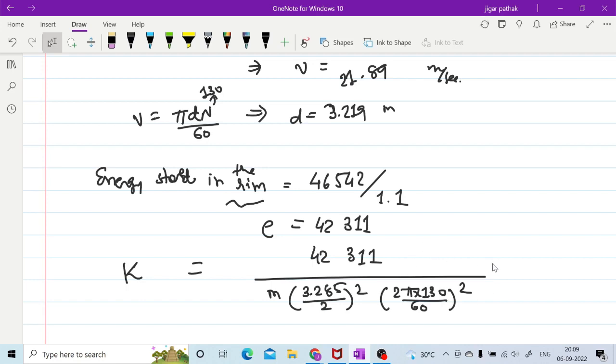So if you simplify, you will get your answer. K is given as 0.8 on both sides, so 0.016 is your K. What you have to calculate is this M. So calculate M and tell me what you are getting as your answer.